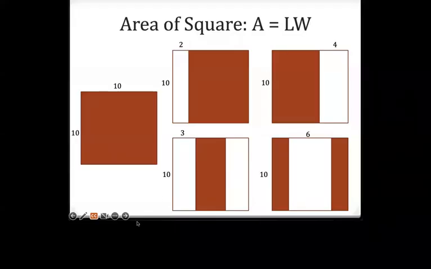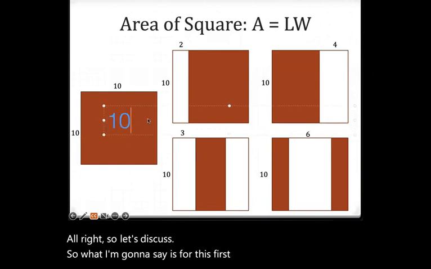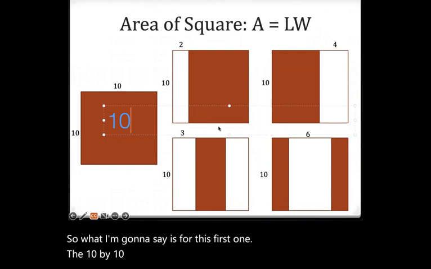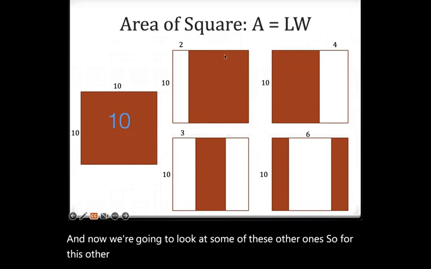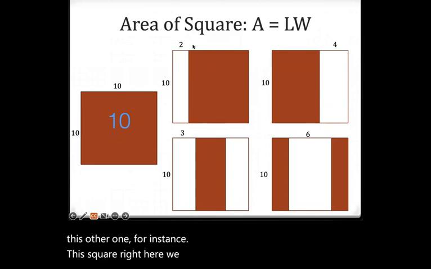Okay, so let's discuss. For this first one, the 10 by 10 is 100. First one's easy, 10 times 10. Now we're going to look at some of these other ones. For this one, this square right here, we see one side is 10, so since it's a square, this whole side is 10.